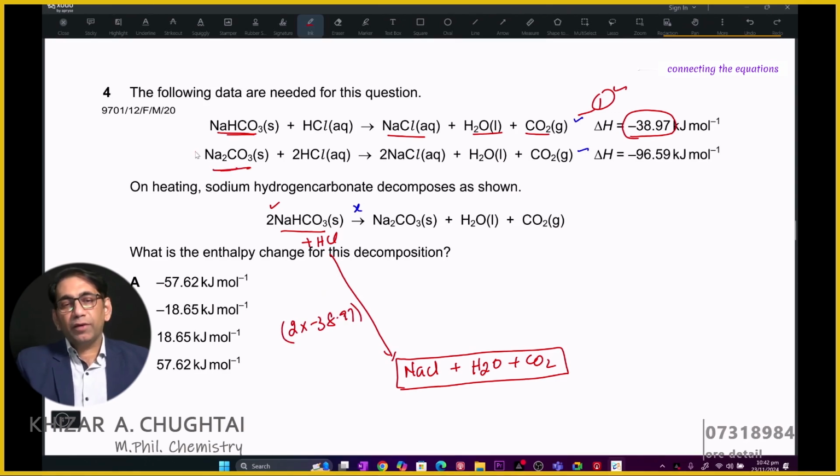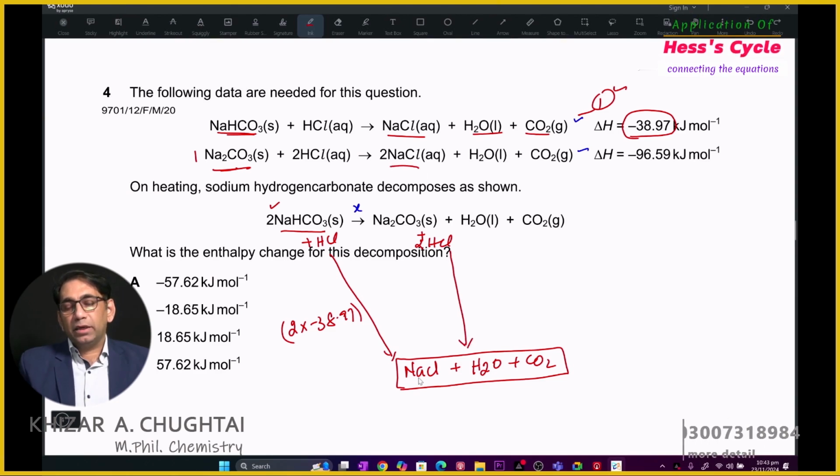Here 1 mole of sodium carbonate is going to react with 2 mole of HCl, and it's going to make again the same NaCl, that is 2 mole, plus H2O plus CO2 and so on. So for the sake of balancing, here are 2 NaCl, I will have to use again 2 mole of HCl over here.